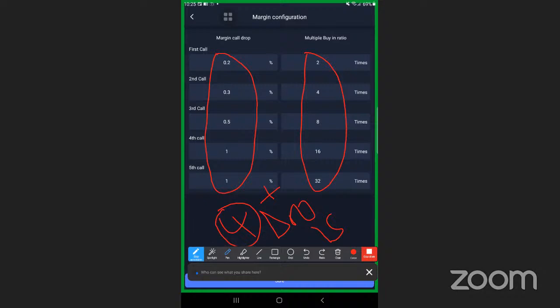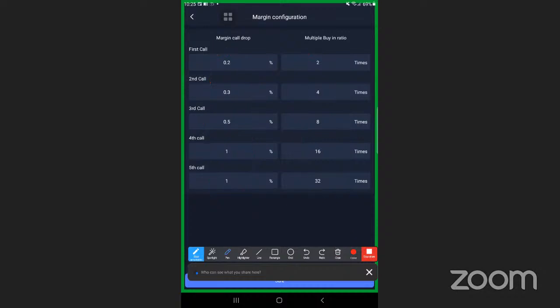But if you want to find a drop per layer, you divide it by the number of margin calls. So how do you find your margin call drop per layer? The drop percent divided by the number of margin calls, which is 1, 2, 3, 4, 5.